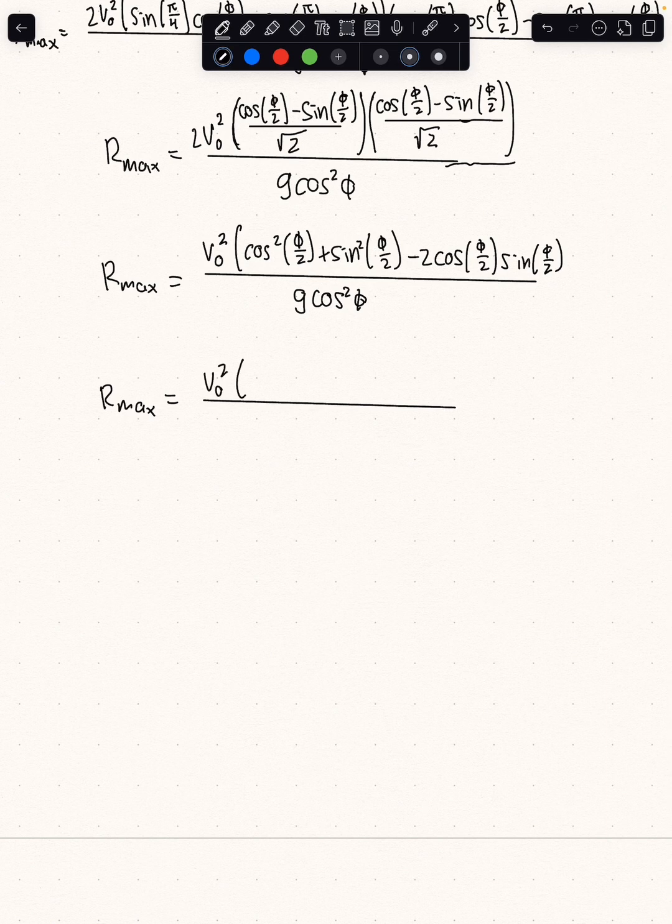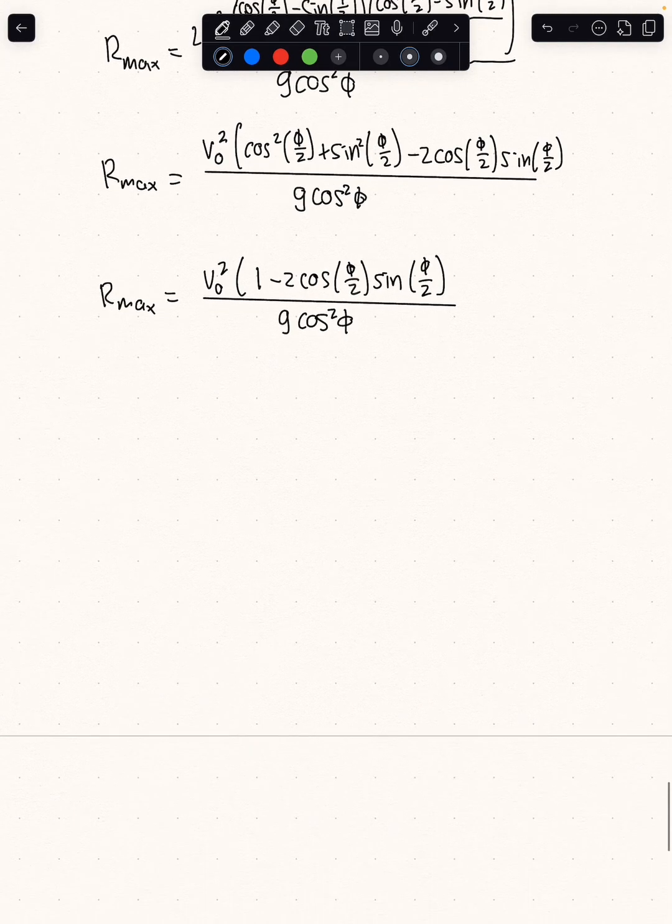So V naught squared, we'll have 1 minus 2 cosine phi over 2 sine phi over 2, over g cosine squared phi. Simplifying some more, V naught squared, this goes to 1 minus sine of phi.